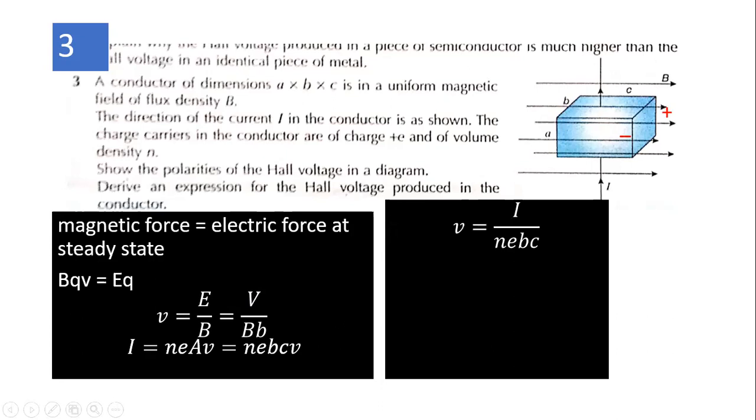Then from I equals nEAv, where is A? A is the cross-sectional area where the current comes through. You must know how to read that. So the area is b times c. From this equation, get your v, and then the two v are the same. Put them equal, and from there you can calculate your Hall voltage.